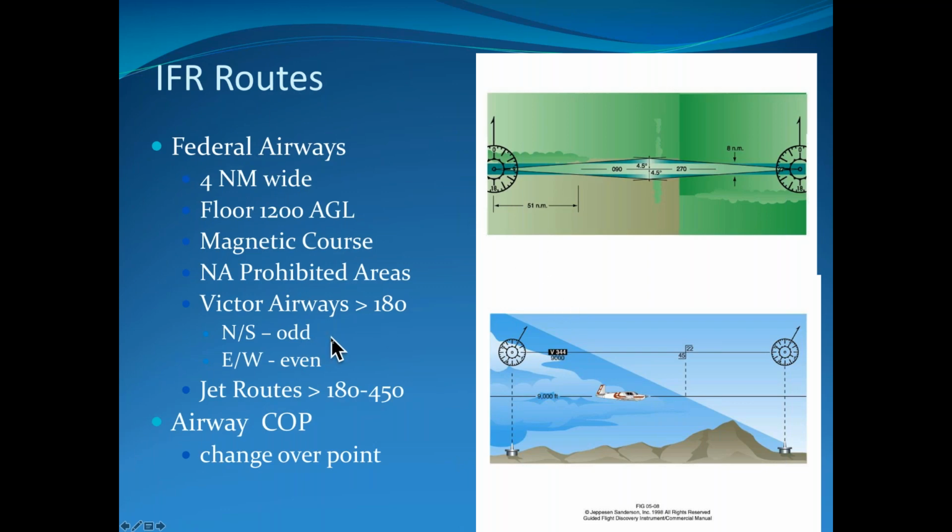Then on these routes, something that you will see is this little crooked line here. This is what we call a changeover point. These VORs, we talked about how they're broadcasting a signal and telling us where we are in reference to these two different stations. If we see one of these changeover points, you can see this one says 45 and this one says 22.